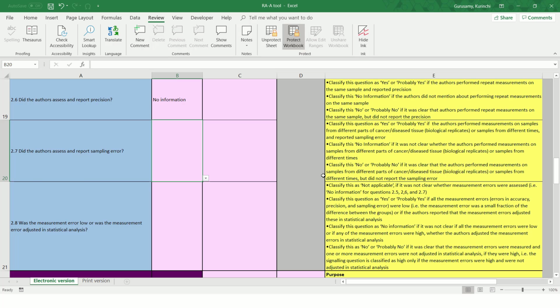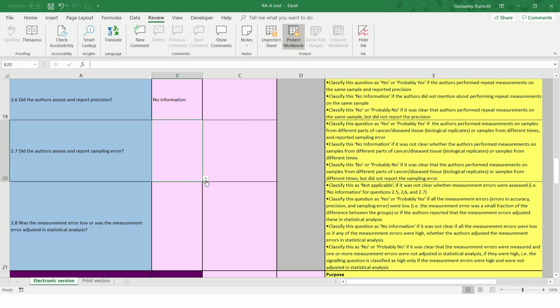Whether that's sampling error, yes, you can consider it as sampling error. So from different parts, yes, they did, for just one. So if you want this, you can say yes.